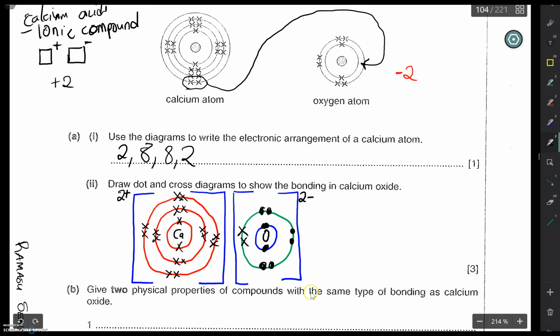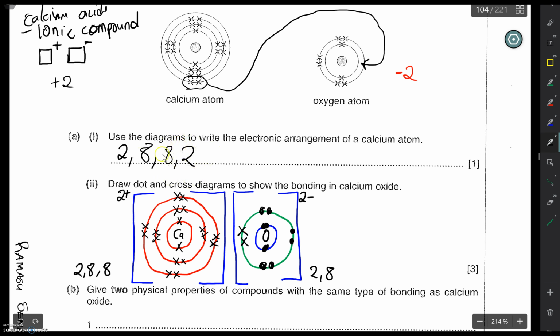Ideally we should write it at the base here, but there's no space, so I'm going to write it on the side. So the electronic configuration for calcium is 2,8,8, right? And for oxygen is 2,8, right?